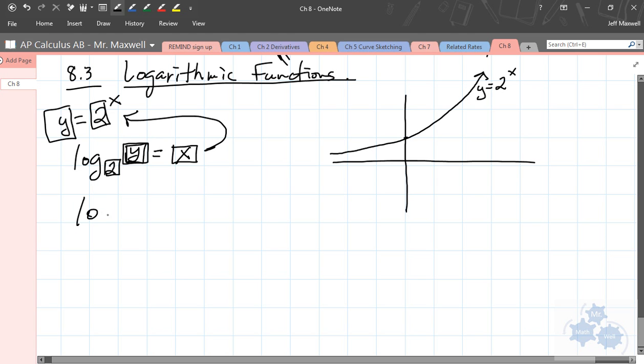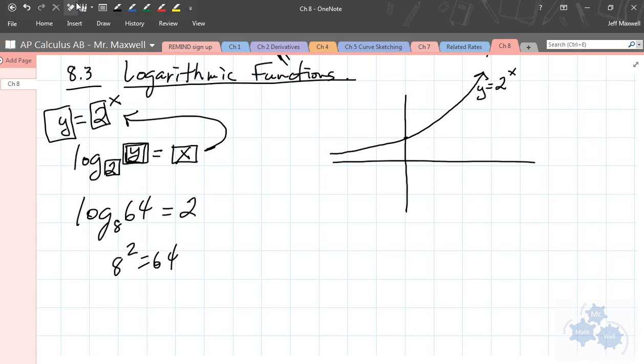Okay, and again, this is just a bit of a refresher. If we have log of 64 base 8, what does that equal? 2, right? Because 8 to the power of 2 is 64. Okay, good. So that is 8 squared equals 64.